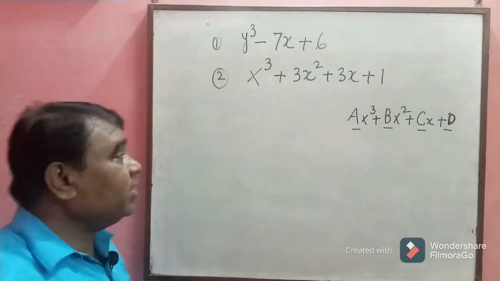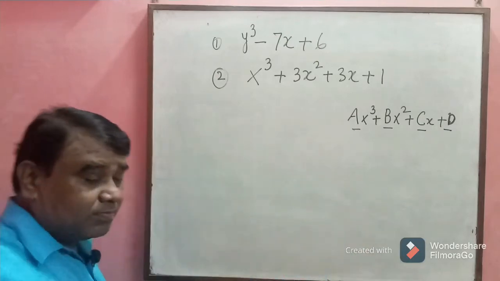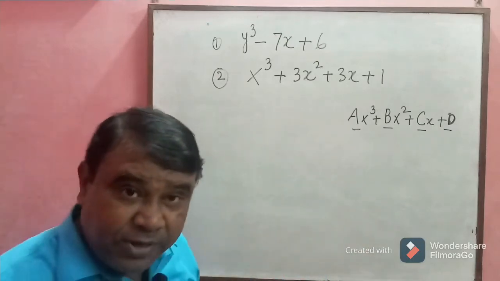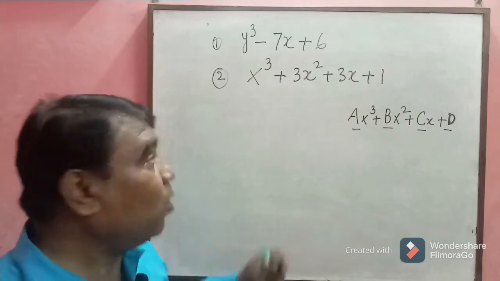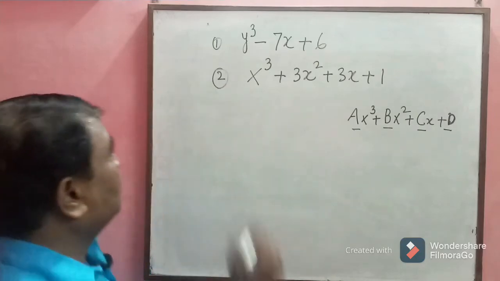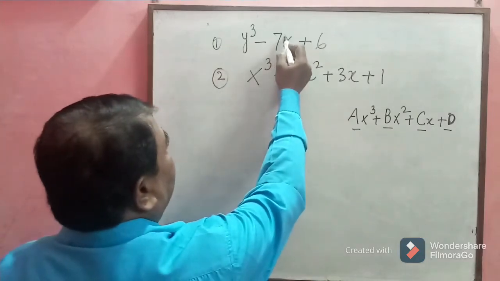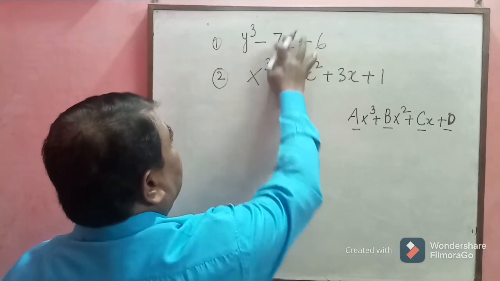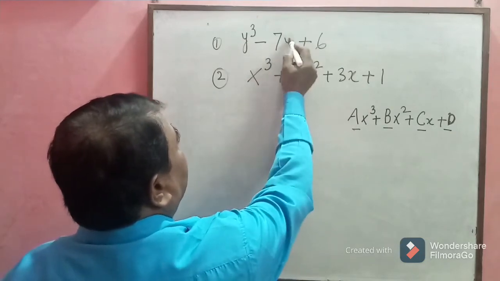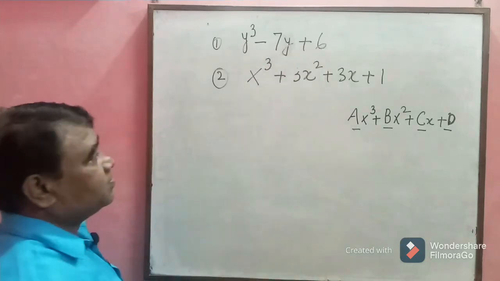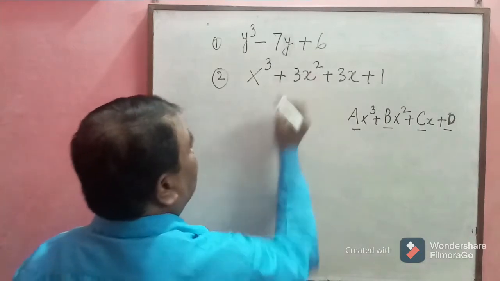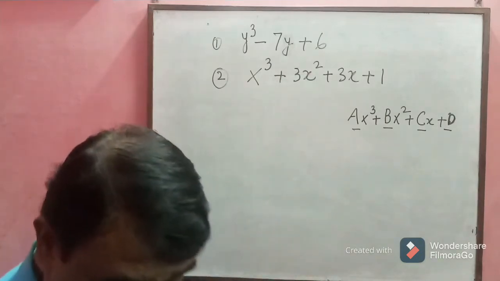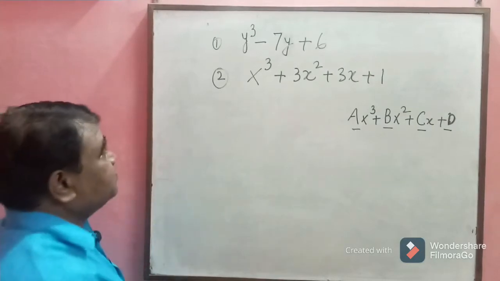As I told you, I will use the factor theorem, and you see how I will solve this problem without division. Here this is y cube minus 7y plus 6. Let me explain this one.